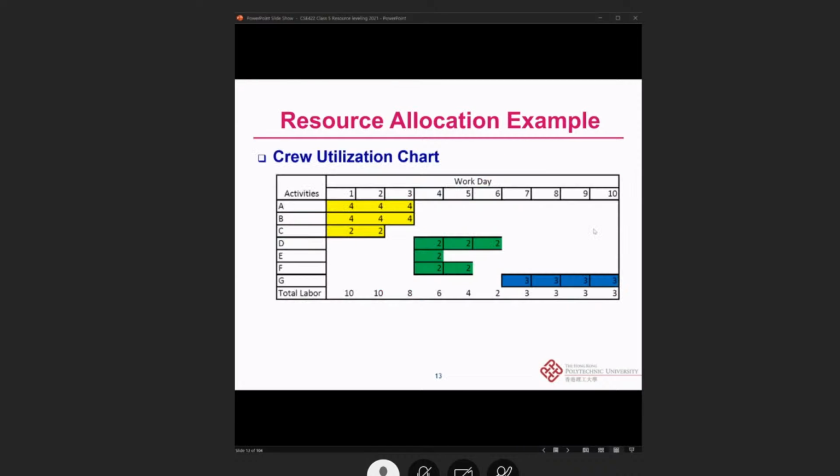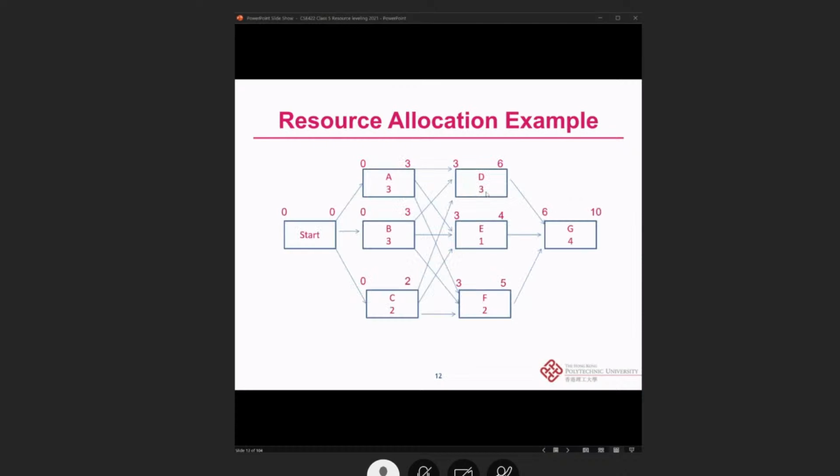All right. And then we can further draw a crew utilization chart based on this network.